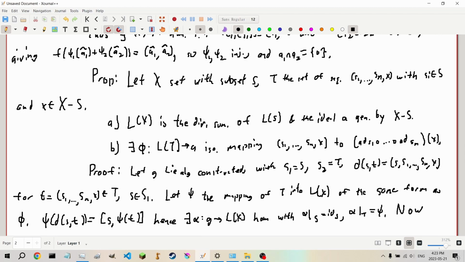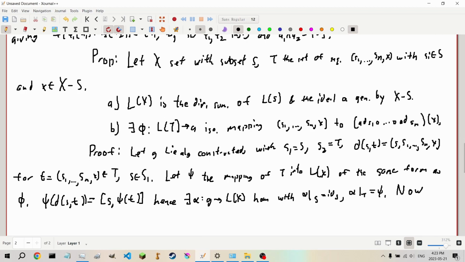Now we have the X minus S's in T, with there then being a homomorphism beta of Lx into G with restriction to X being the identity on X, of course.